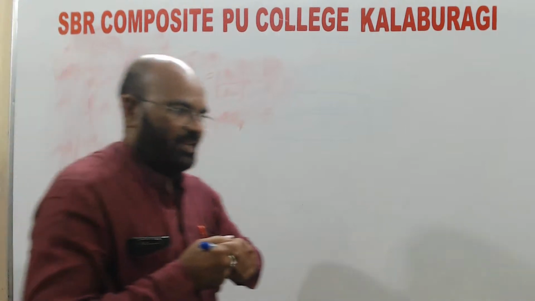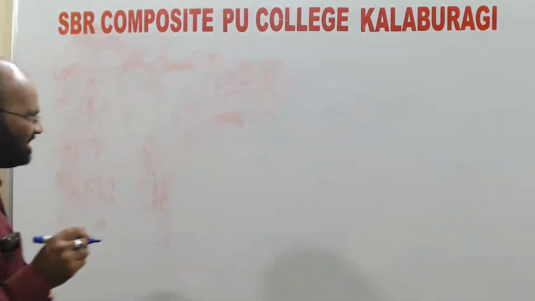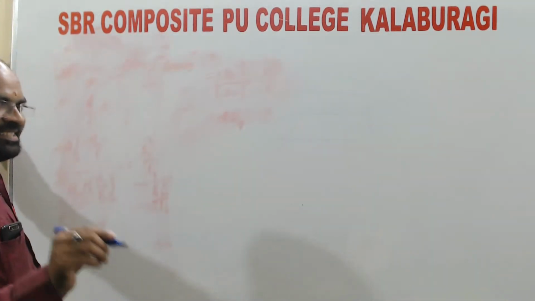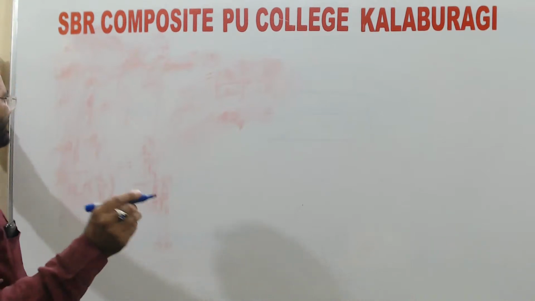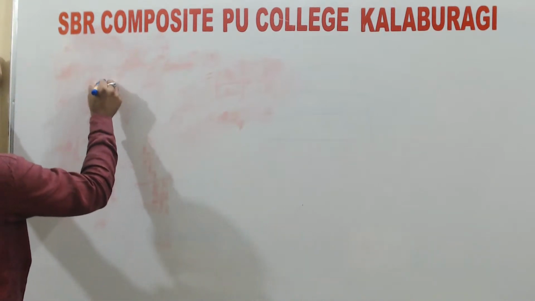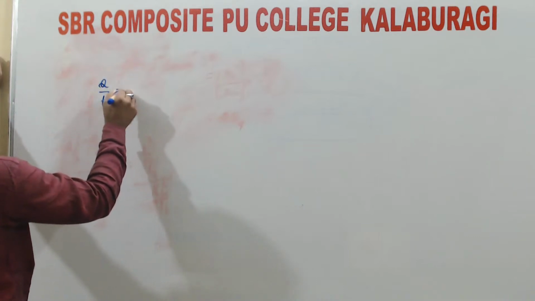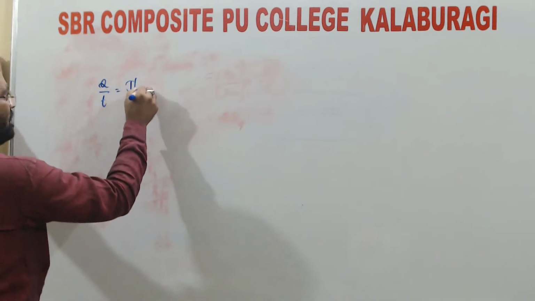In question number 3, you may find there is a slight change. We get the answer as 6 into 10 to the power of plus 3. Here Q by T is asked in joules per minute.